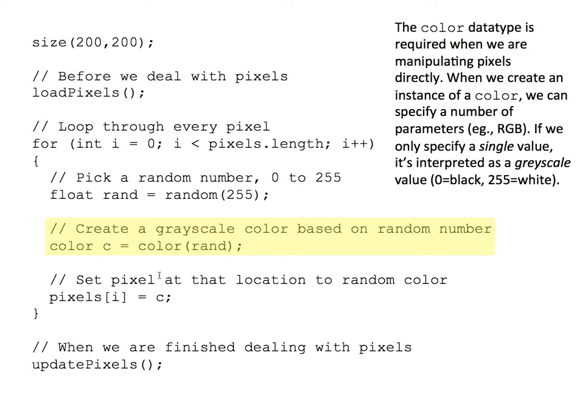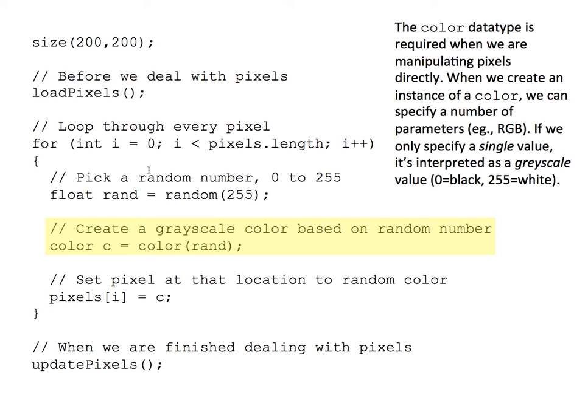As I just said, if we create a color object with just a single value, in this case the random number between 0 and 255, then it defaults to setting its colour in grayscale from 0 black to 255 white. So all this is saying is basically create a temporary object c, which is a color object in the grayscale range 0 to 255, which was randomly selected in the previous line.